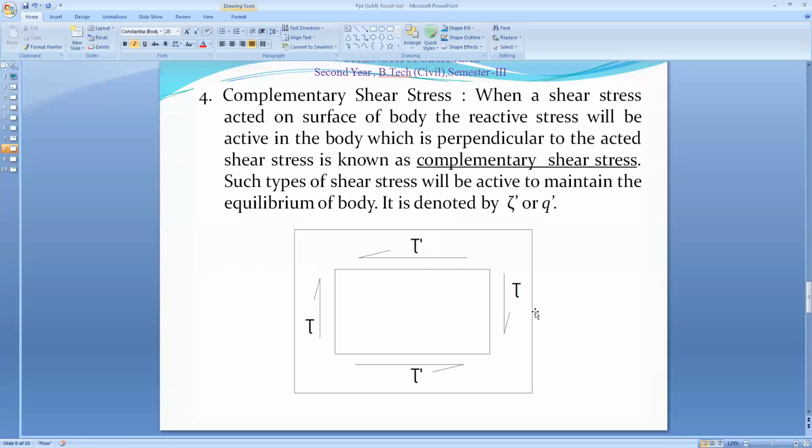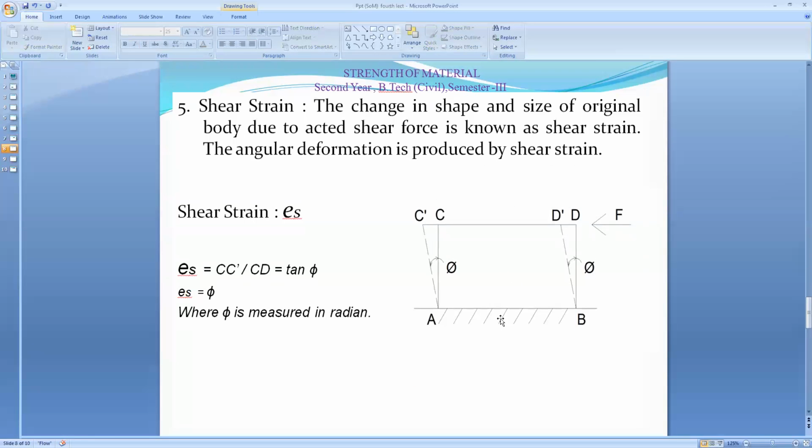Let us understand this shear strain by using this concerned figure. The change in shape and size of the original body due to the acted shear force. As we learned, there is an occurrence of the shear force. This capital F is acted at point D towards the leftward side. So due to this, the face CD gets deflected to C dash D dash, meaning plane CD gets converted into plane C dash D dash.